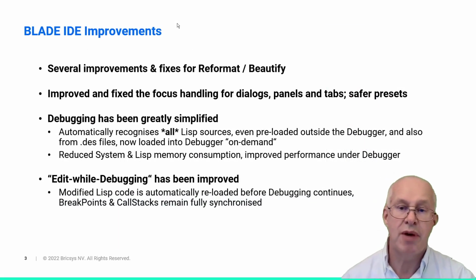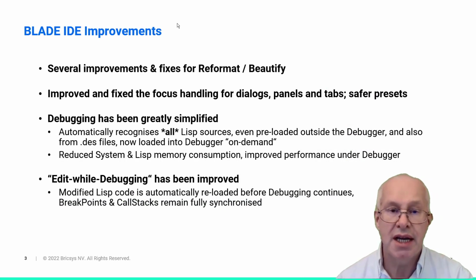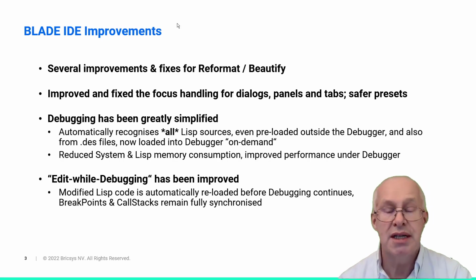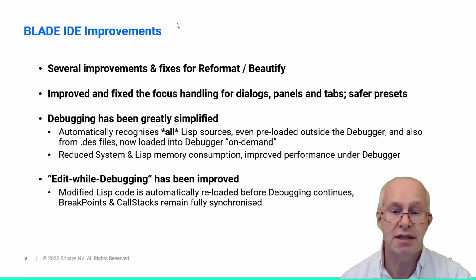Based on the feedback from our third-party LISP developers, a number of issues and defects have been fixed, and several usability improvements have been applied. Especially, the debugging workflow has seriously been improved and simplified. There is no need for manual LISP file loading anymore. The Blade debugger now identifies all necessary LISP file loading automatically, from any source and in any context.